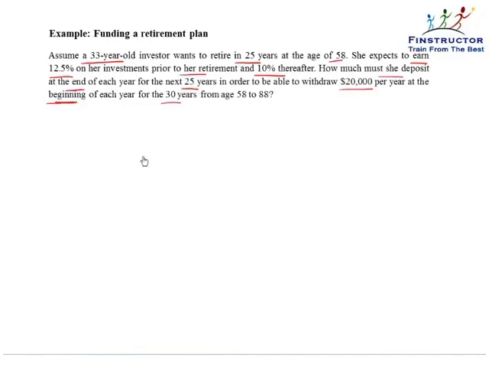Let's first draw the timeline for this question. So t equal to 0 is when she is 33 years old. She wants to retire 25 years later, that is at t equal to 25, at which time her age will be 58.